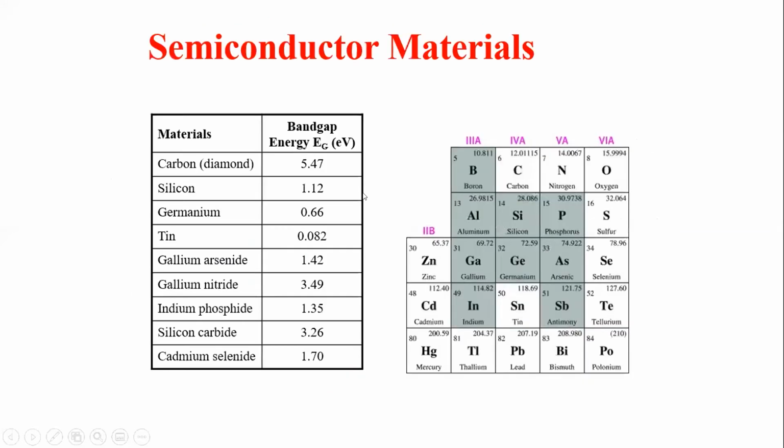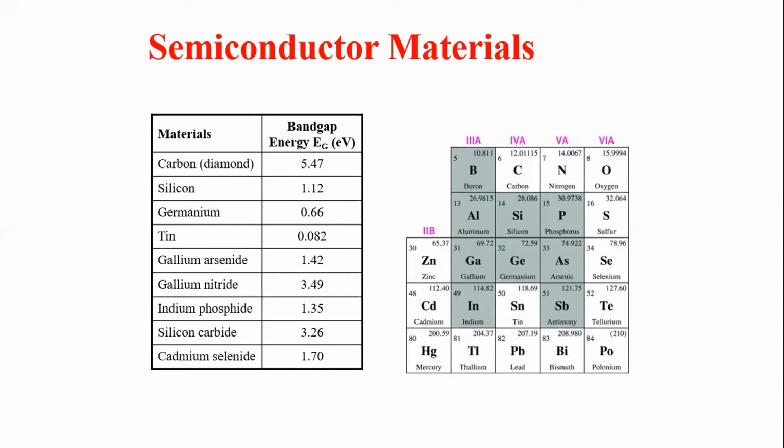This is for your reference, there are different materials that can form. For example, here I started with diamond, an insulator, whose band gap is 5.47 eV, and you can see the reference silicon is 1.12 eV at room temperature, and at low temperature 1.18 electron volt.